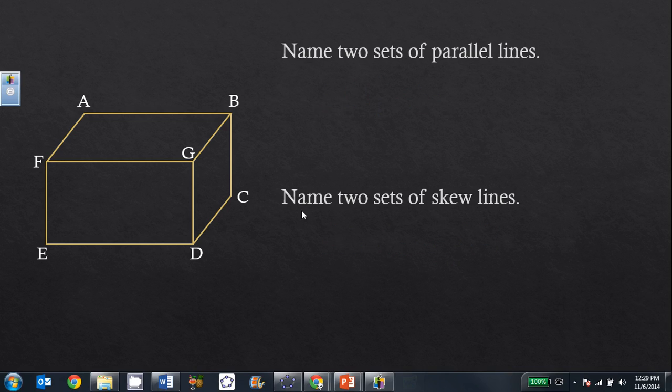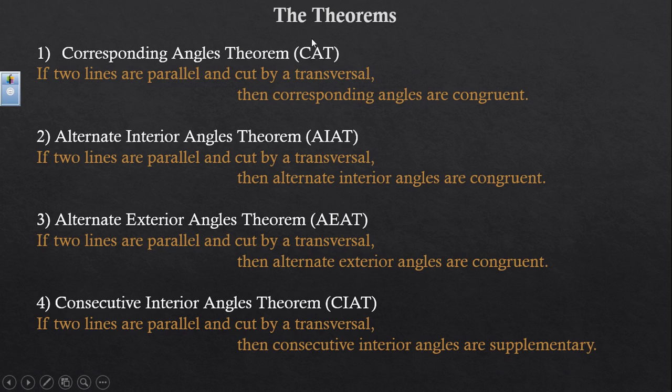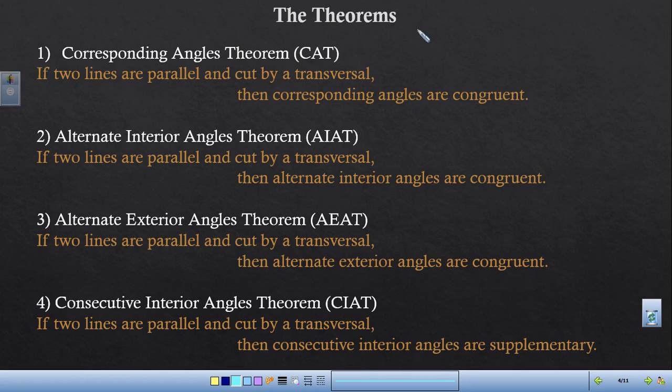All right. The theorems themselves. Not going to spend any time here. Just remember that the parallel transversal theorems, the PTTs, are parallel lines that end up with angles being congruent. Parallel, congruent. Parallel, congruent. Parallel, supplementary.